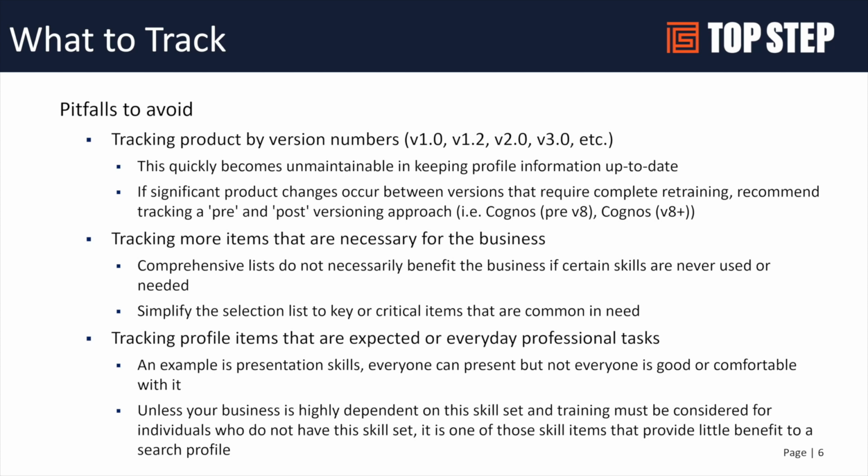It's difficult to keep that up to date and real time, and at the end of the day, if I'm looking for someone with OpenAir skills, the UI version is generally not a gating issue. So it becomes unmaintainable, and if the product changes quite a bit, it can become very challenging.